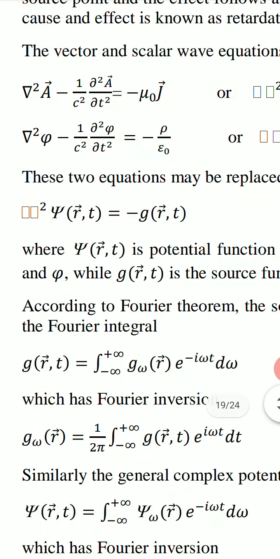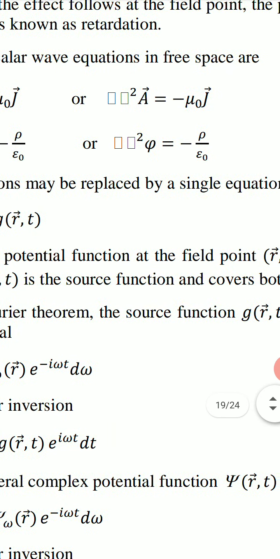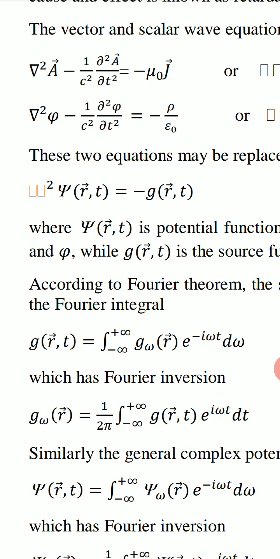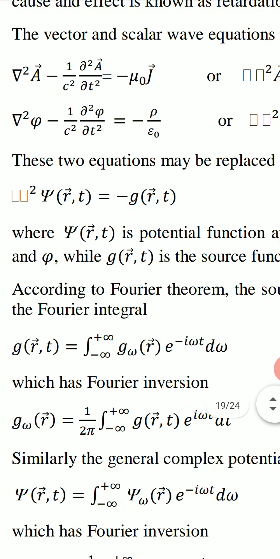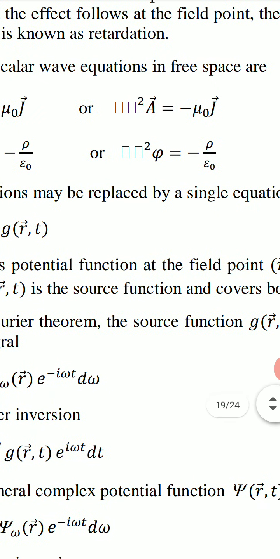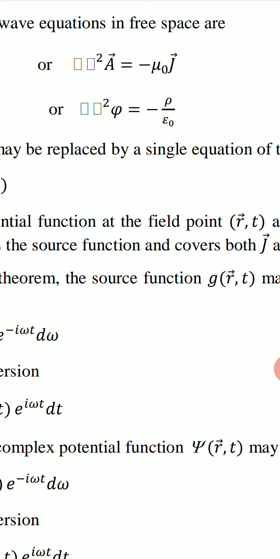The vector and scalar wave equations in free space are del square A minus 1 upon c square d2A upon dt square equal to minus mu 0 J, which can be written as D'Alembertian A equal to minus mu 0 J, and del square phi minus 1 upon c square d2 phi upon dt square equal to minus rho upon epsilon 0, which can be written as D'Alembertian phi equal to minus rho upon epsilon 0.